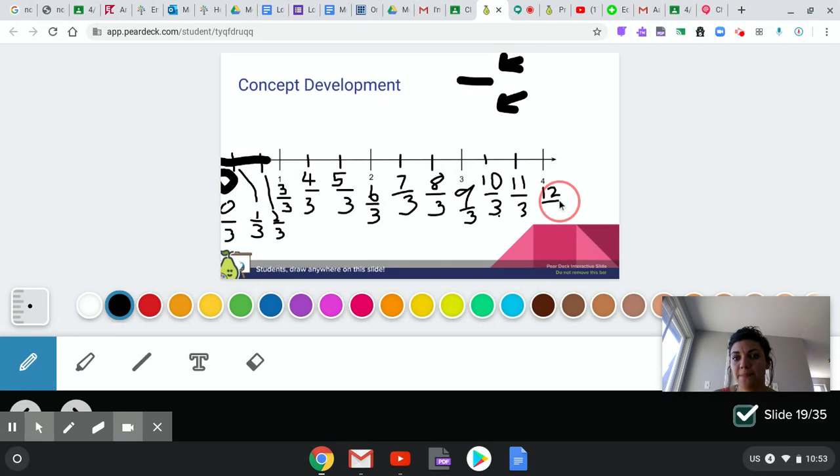Do we see that? Now, that's if we're working with thirds. What happens if we're working with something else?